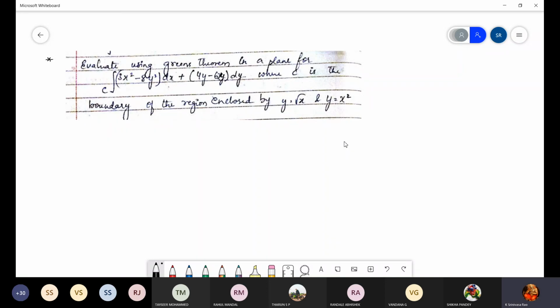Evaluate using Green's theorem in a plane the line integral over C of (3x square minus 8y square) dx plus (4y minus 6xy) dy.